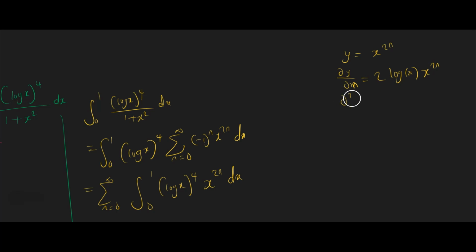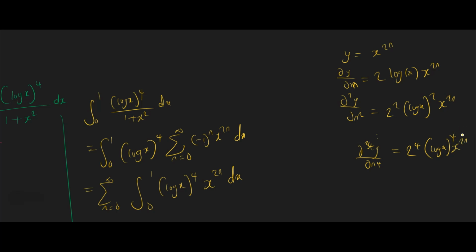If you take the second partial derivative of y with respect to n, you end up with 2 squared, then log x to the second power, then x to the 2n. And similarly, if you continue to the fourth partial derivative of y with respect to n, you end up with 2 to the fourth power, then log of x to the fourth, then x to the 2n.